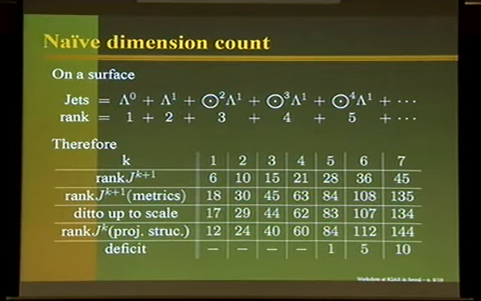So how many components? How do I get this row here? First of all, how many components are there in a projective structure? There are the Christoffel symbols. That's got 3 indices on it, and it's symmetric in its lower indices, so that's 6 components altogether.